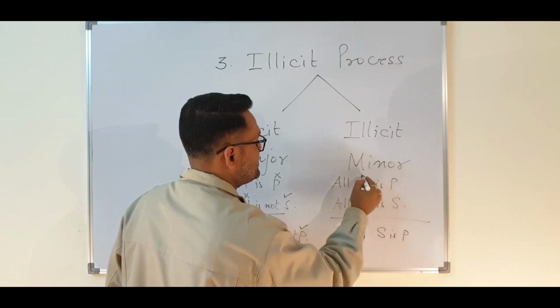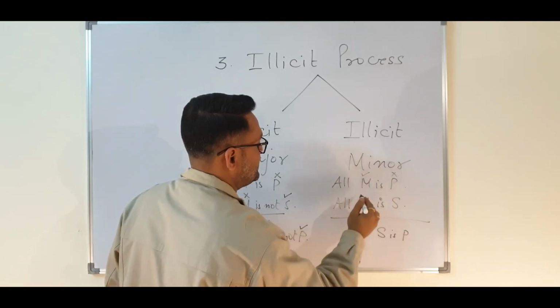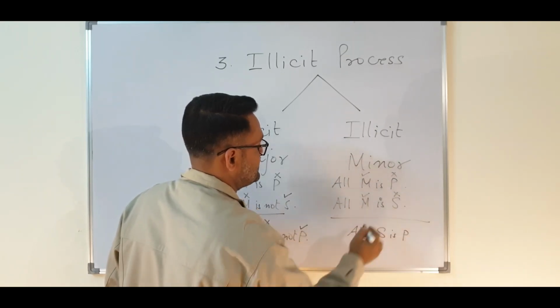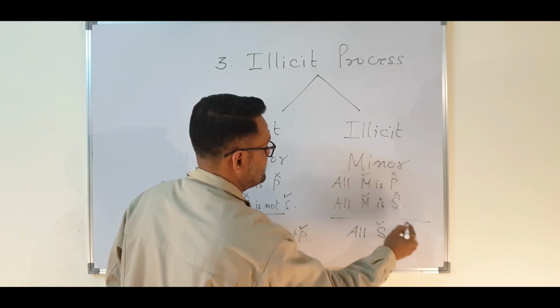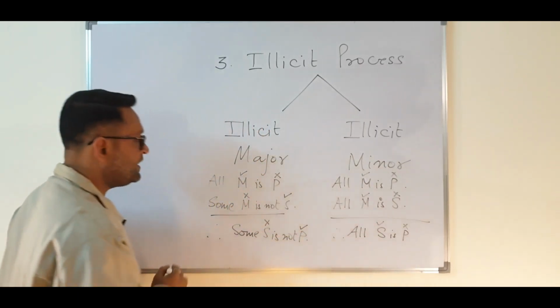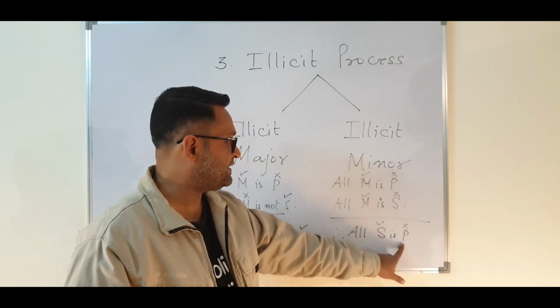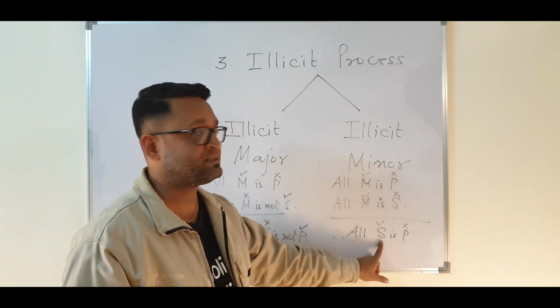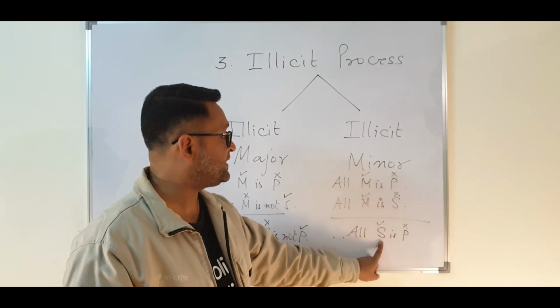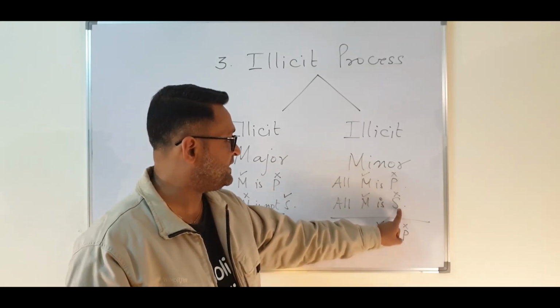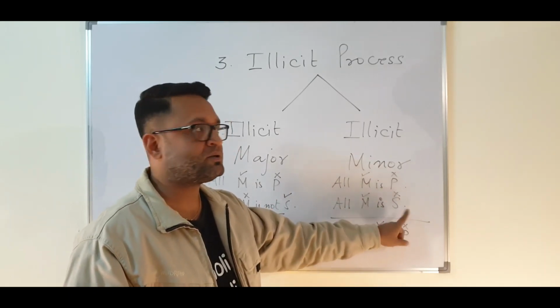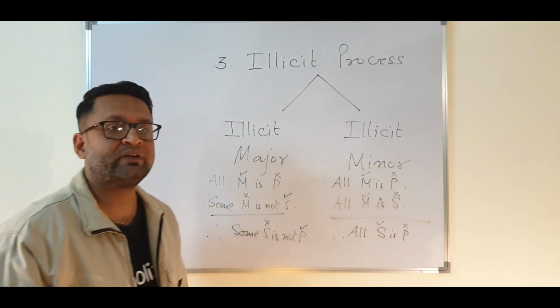Now if you see the distribution, in the conclusion you will find that the subject term, that is the minor term, is distributed, right? But if you see the minor term in the premise, it is not distributed. So this will have the fallacy of illicit minor.